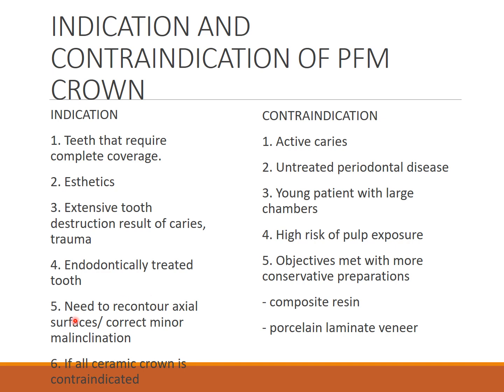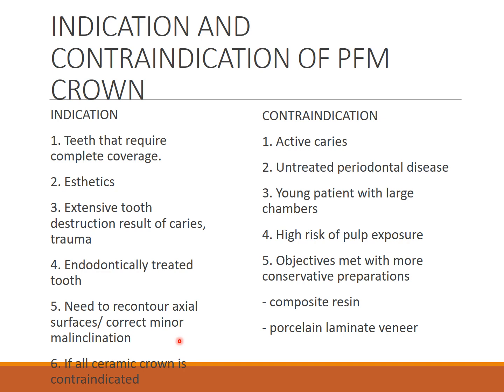The other indication is need for recontour of axial surface or correction of minor malinclination. So yes, a little bit of inclination can be corrected by a crown, and if major orthodontics is not involved, you can do a crown and cover it up and correct it.